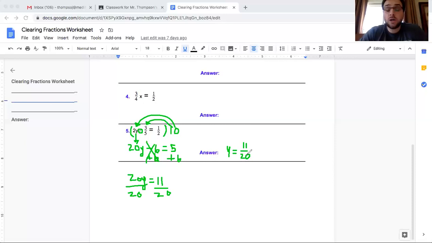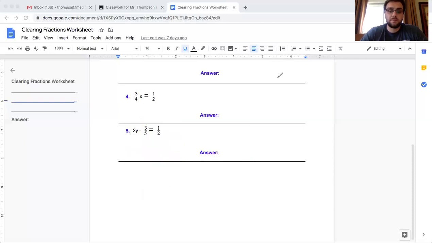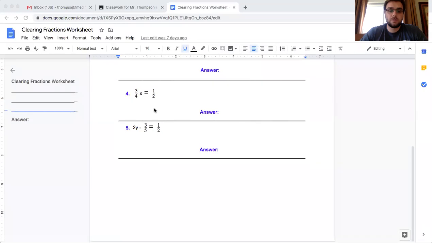Okay, so there's a couple of things that have to come into play. First thing is, and I can't even write this down, so let me clear my screen here. Let me scroll down. Okay, we'll just look at the very bottom here. First thing you want to do is look for the denominator.